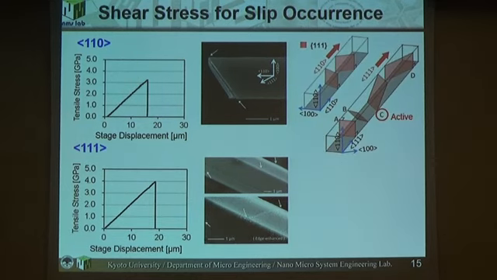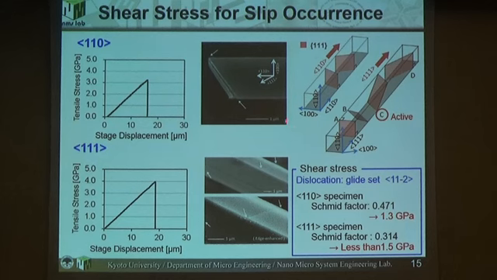The fracture planes in both cases are 111, so we estimated the shear stress at the strip, considering the glide set dislocation on the 111 plane and the strip direction 11 minus 2 bar.